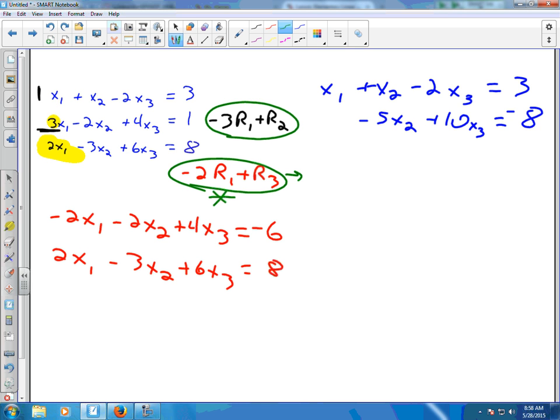And it's easy to miss a sign, to forget to do the right side like I did earlier, or something like that. So when we add these together, those cancel. We get minus 5x2, 10x3 equals 2.